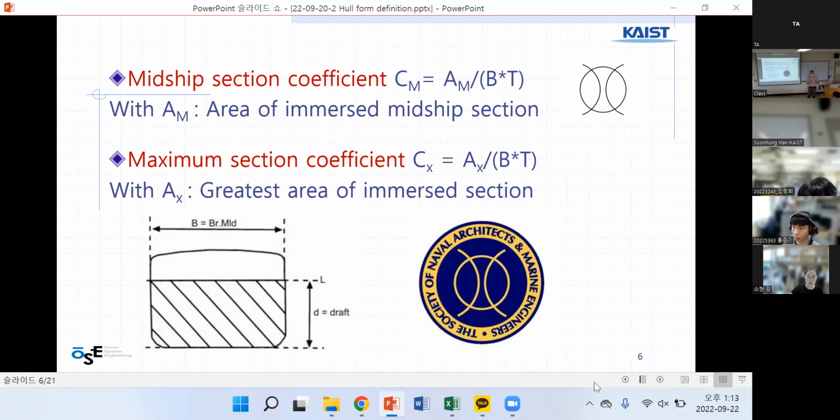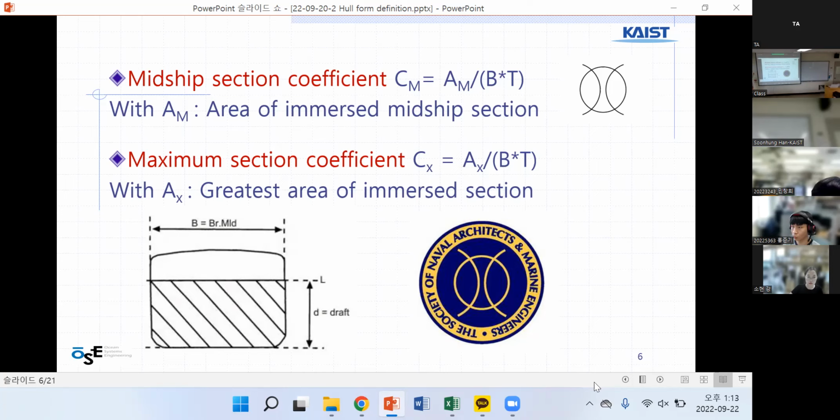It's confusing, so many people use T instead of lowercase d, but it can be used. Anyway, B multiplied by T is a rectangle, and then the area of the shadow area. So the remaining part is only small, right? So this coefficient is very high usually.